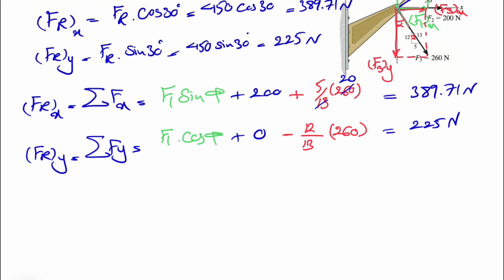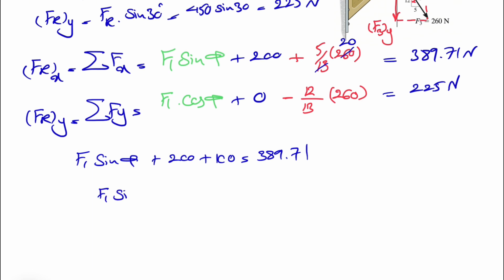From the first equation, we have F1 sine of phi plus 200 plus 100 is equal to 389.71. So F1 sine of phi is equal to 389.71 minus 300, which is 89.71.